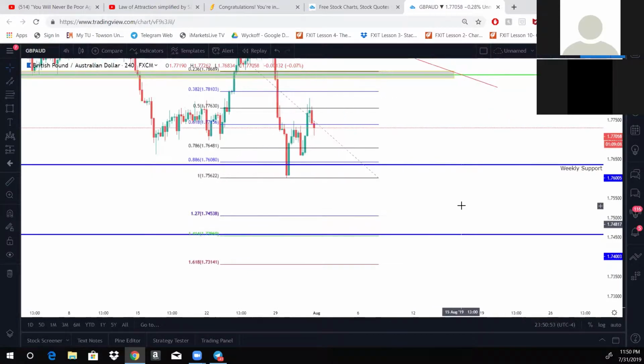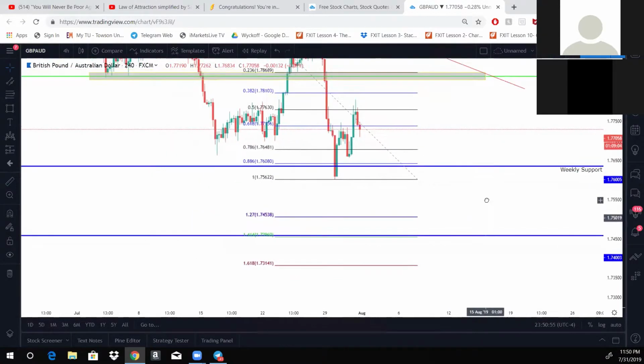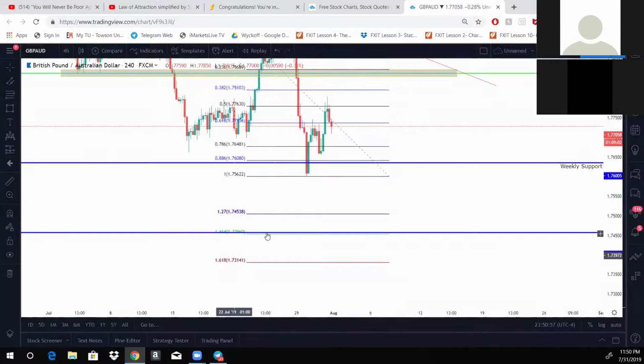You may not even need to swing it much because GBP's move crazy. But look where 1.414 is, the next key weekly level, you know. But I wouldn't get too hyped.